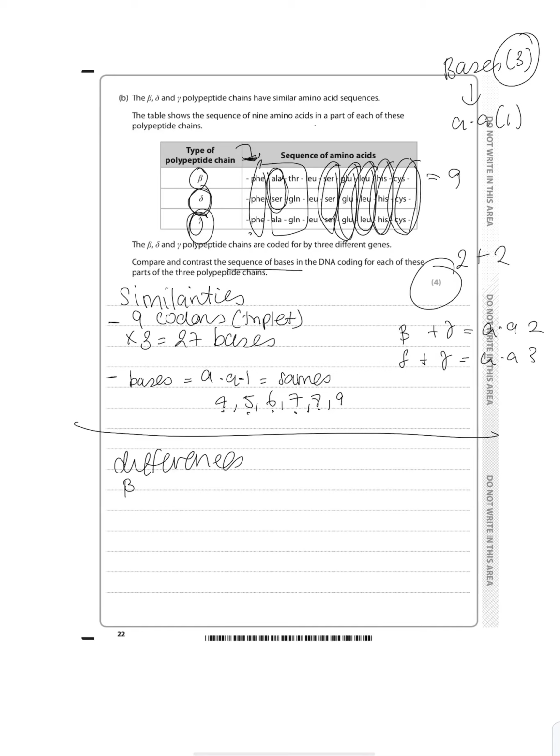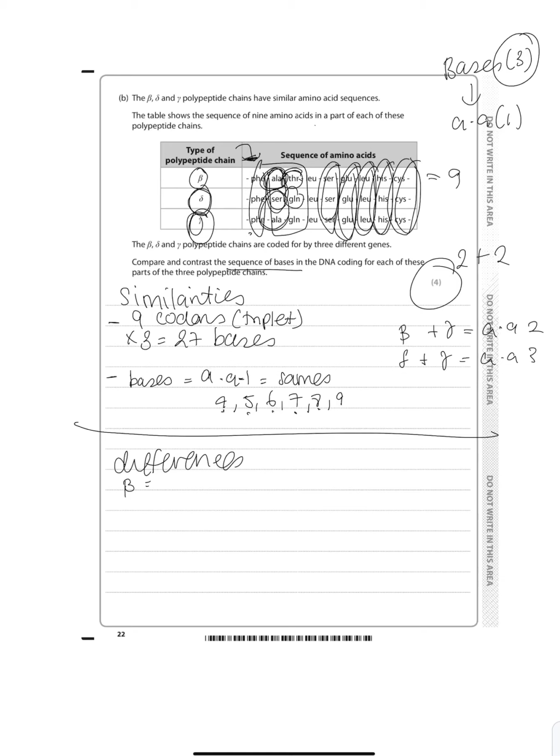So for beta, it's a different triplet codon to get this amino acid, and for delta, it's a different triplet codon to get this amino acid, and that's the same for amino acid number 3 for beta and delta. And you can say for, let's see, delta and gamma for amino acid number 2. Yeah, you can say any one of those because it shows you a difference.